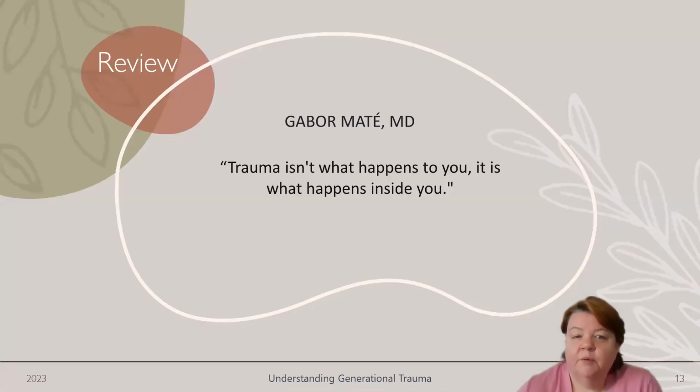And then a quick review of what we learned last time. So far, we've learned that trauma is the painful and disruptive internalization of a difficult experience. We've learned that generational trauma refers to the transmission of psychological and emotional effects of trauma across multiple generations within a family or in a community.